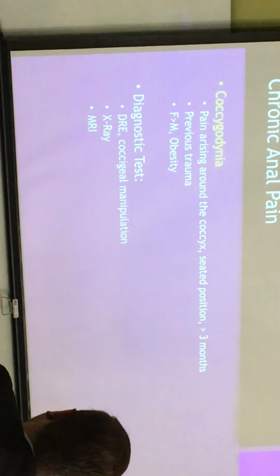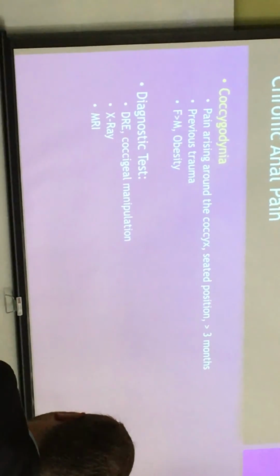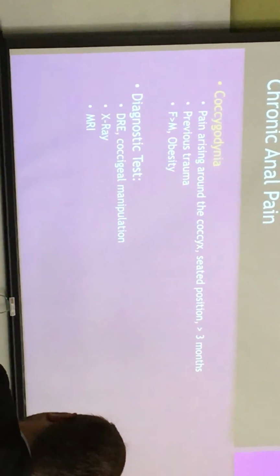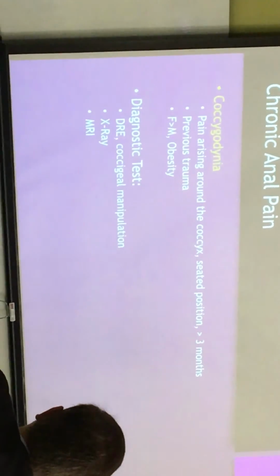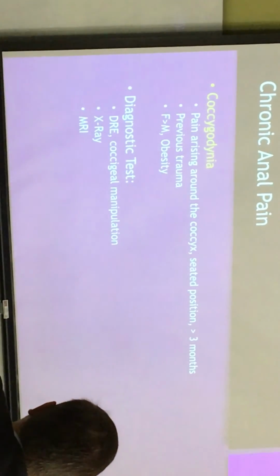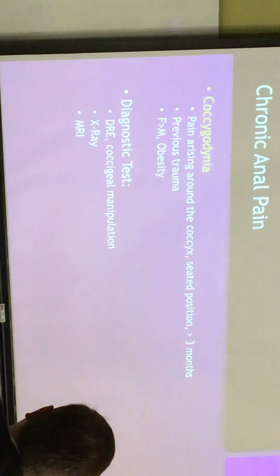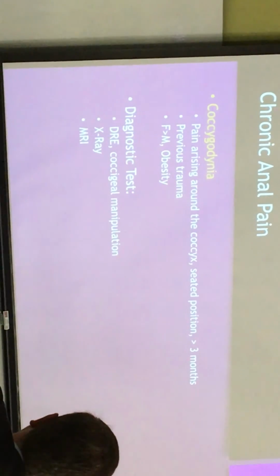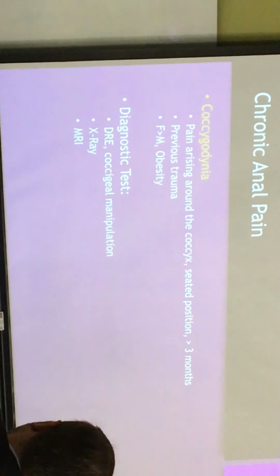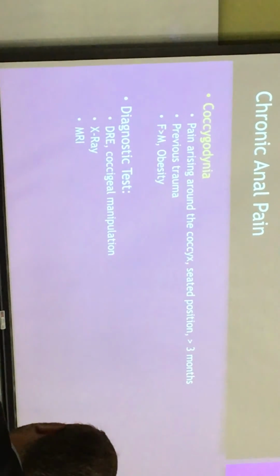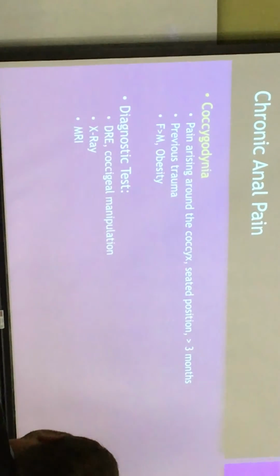For diagnosis, coccygeal manipulation is usually very useful because we can do a bimanual manipulation of the coccyx, eliciting the pain. So by just doing a clinical examination, we are usually able to make the diagnosis. Of course, X-ray to see any previous trauma or bone lesion, or MRI.